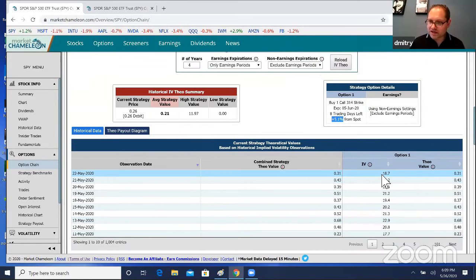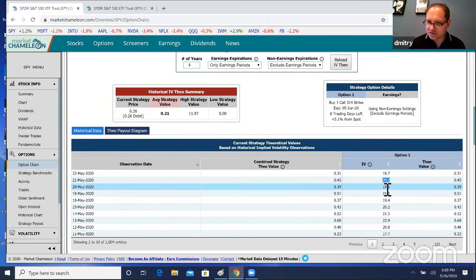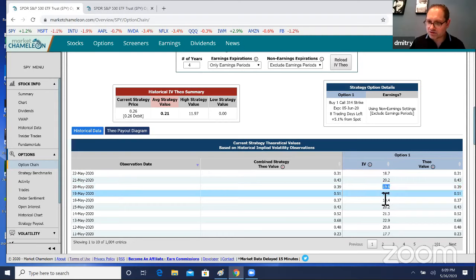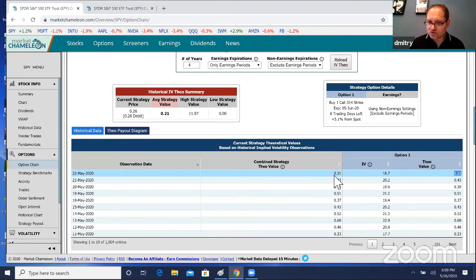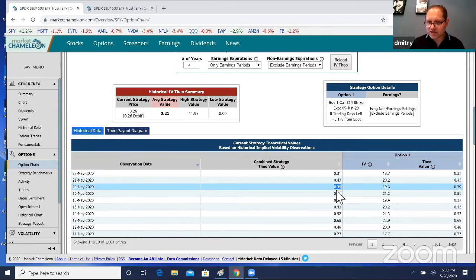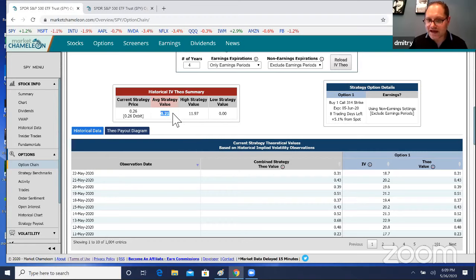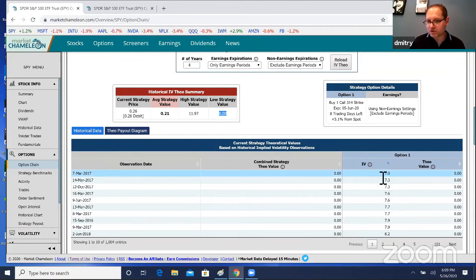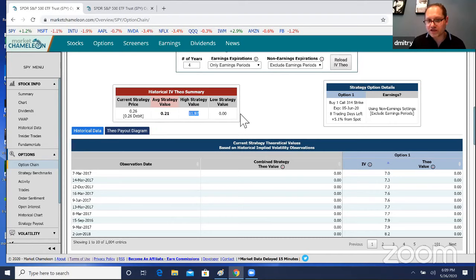So we're looking at every day logs in an implied volatility for this option, and it creates a theoretical value. So we could see here every day. So on average, that average value over time was 21 cents. Today it's 26 cents. And we could kind of see the high and the low. So we see even here a 0. So when the implied volatility was very low, these even were worthless. So here you get the range, the average, and what it is today.